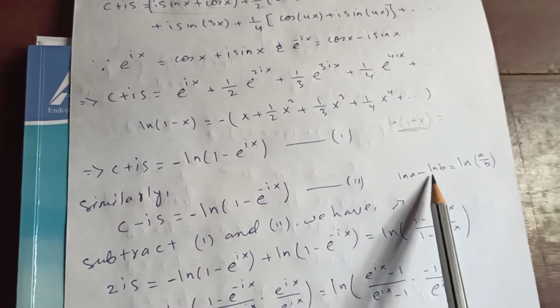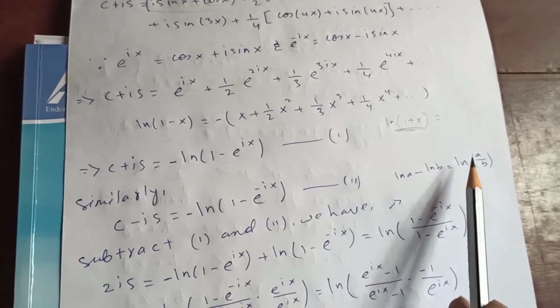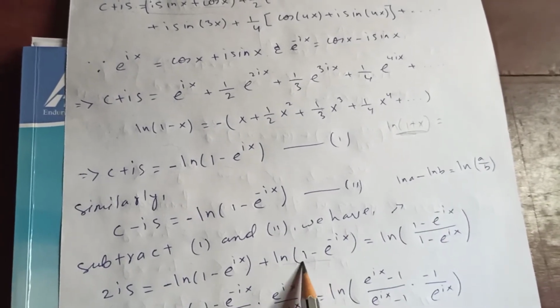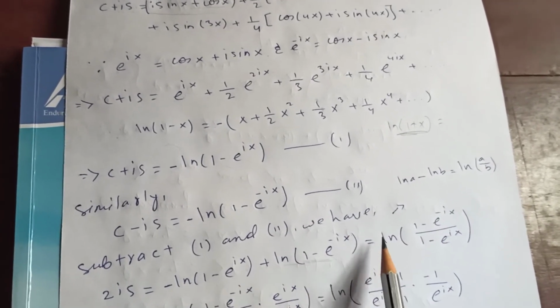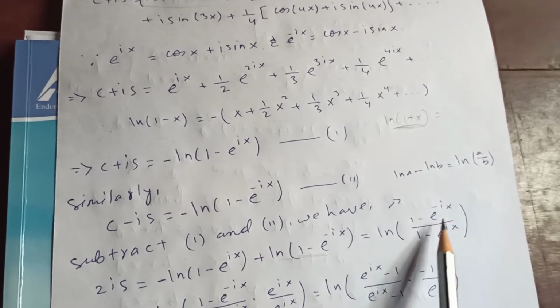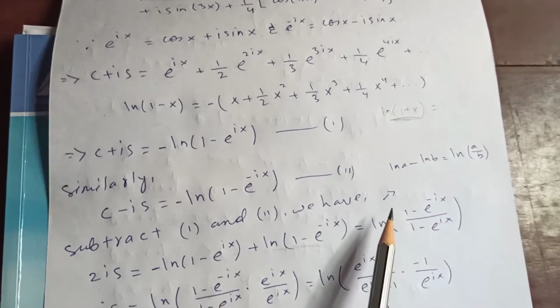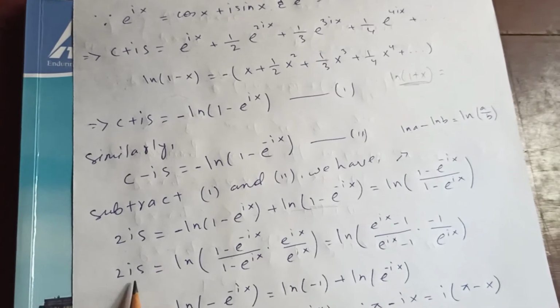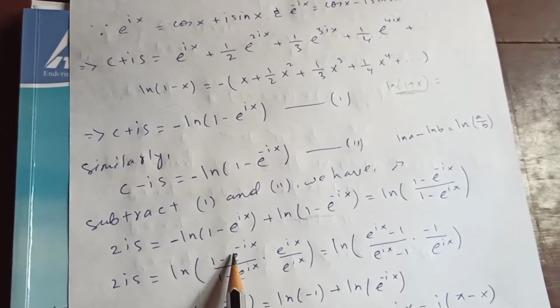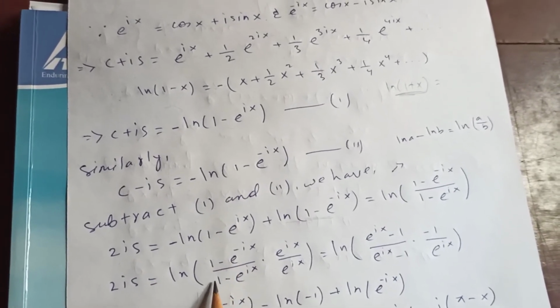Now using the property log a minus log b is log(a/b), 2iS is equal to log of (1 minus e^(-ix)) over (1 minus e^(ix)).